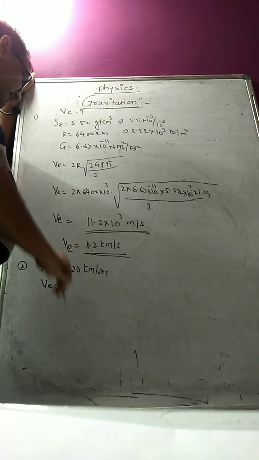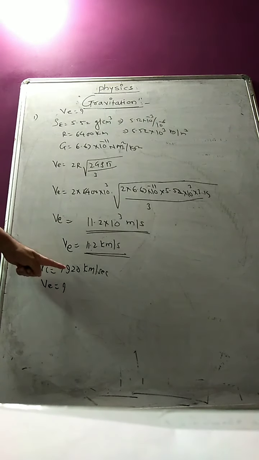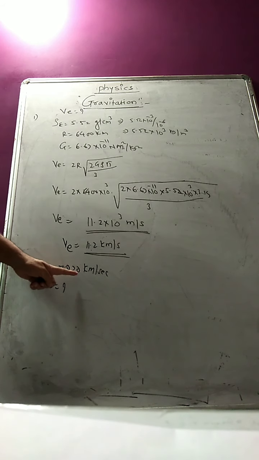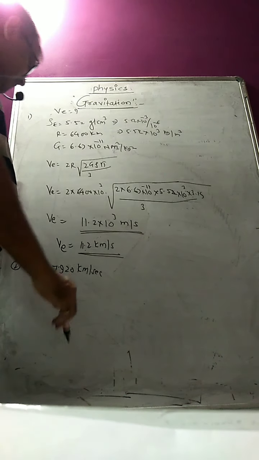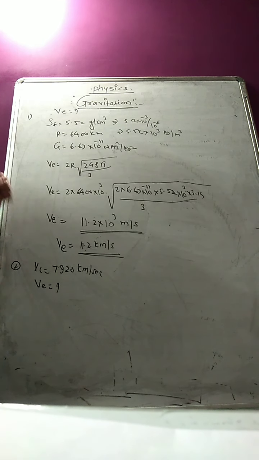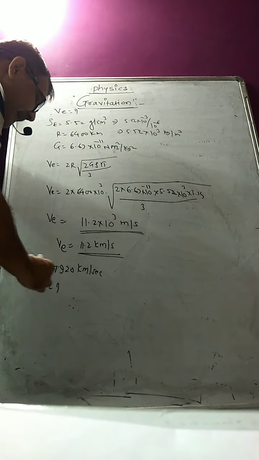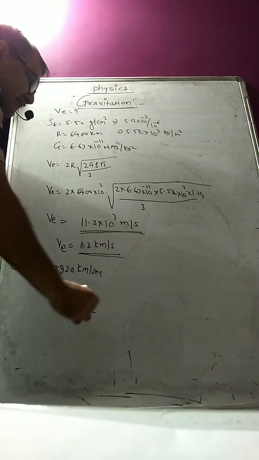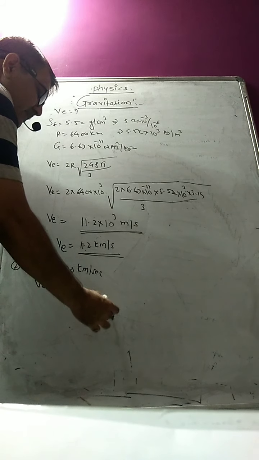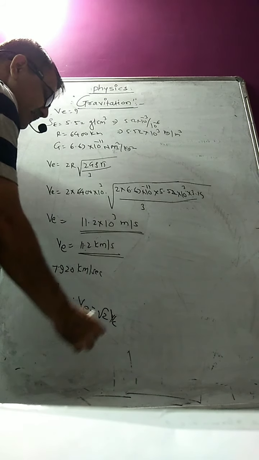Now I will give another sum to you. If the critical velocity of a satellite is 7.920 kilometer per second, what will be the escape velocity of the satellite? You have learned the relation between the escape velocity and critical velocity. Escape velocity is root 2 times the critical velocity.